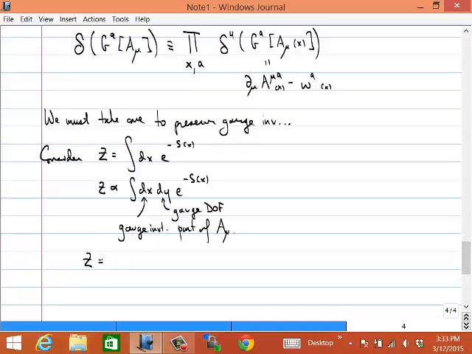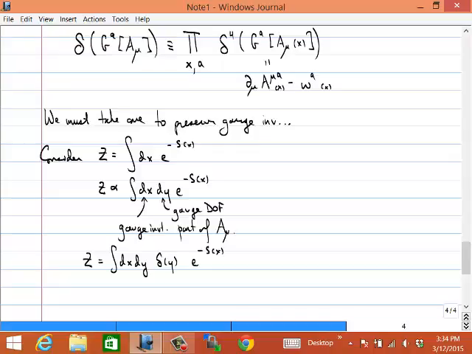Well, what we could do is the following trick. What you could do is write Z as the integral dx dy times the delta function of y times e to the minus S of x. So that would work. That just sets y equal to 0.